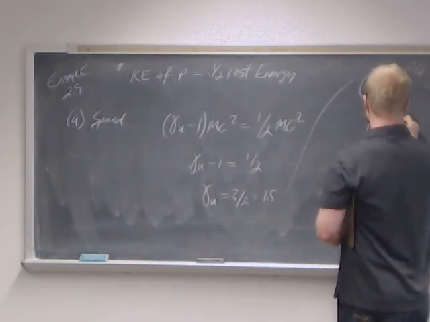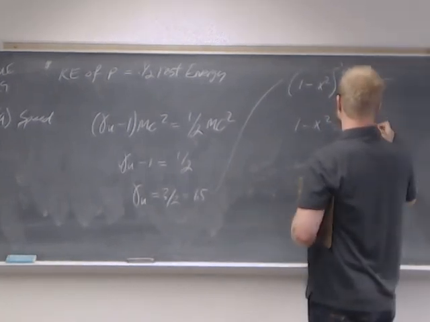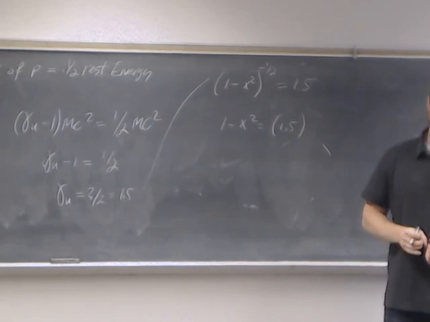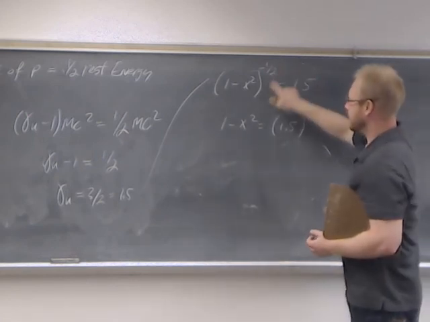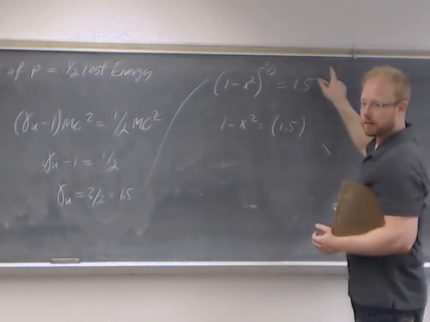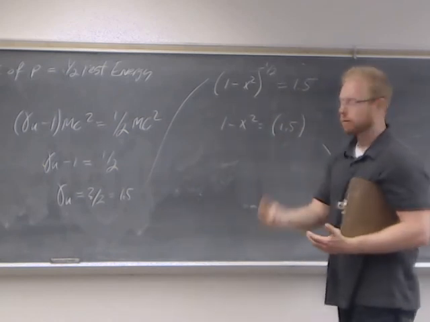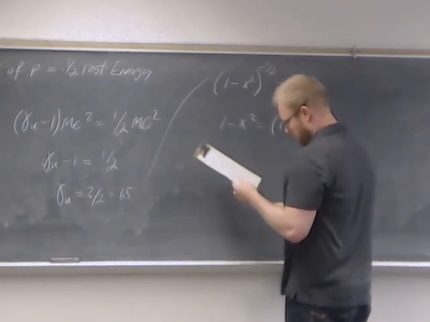So 1 minus x squared is equal to, what exponent would I put 1.5 to on this side to get rid of this over here? Negative 2. Negative 2 times negative 1/2 gets you positive 1. So 1.5 to the negative 2.